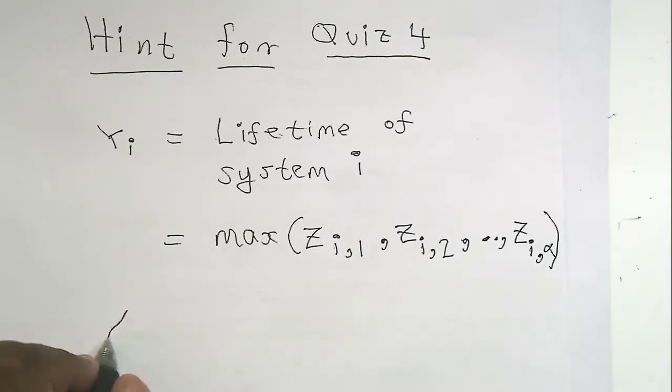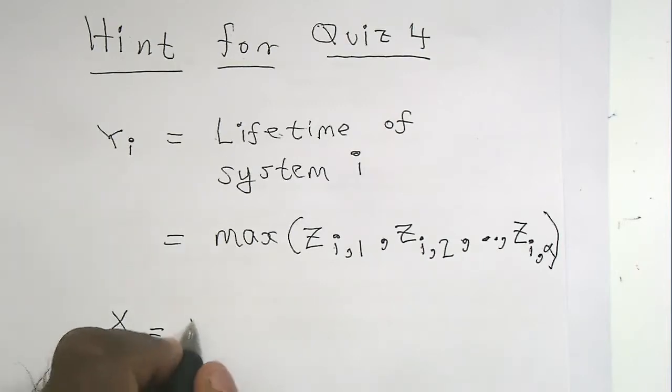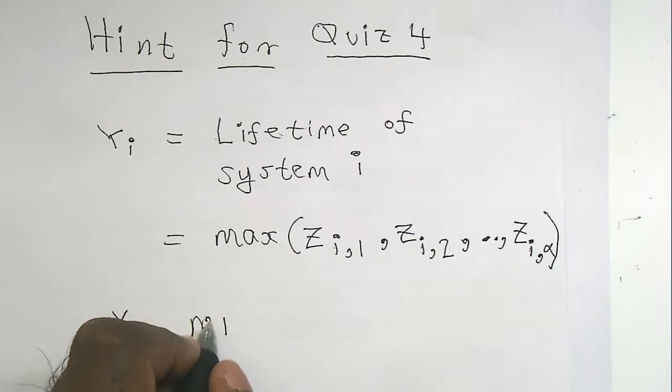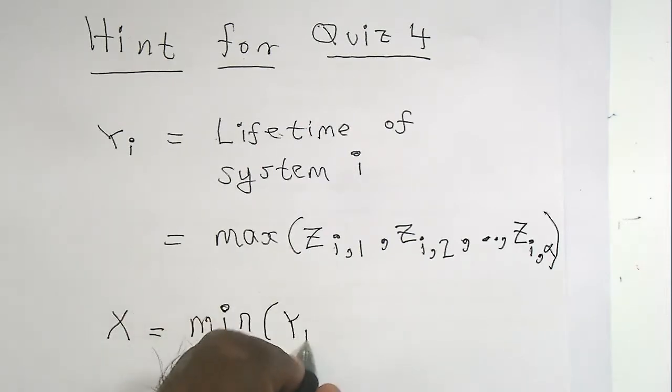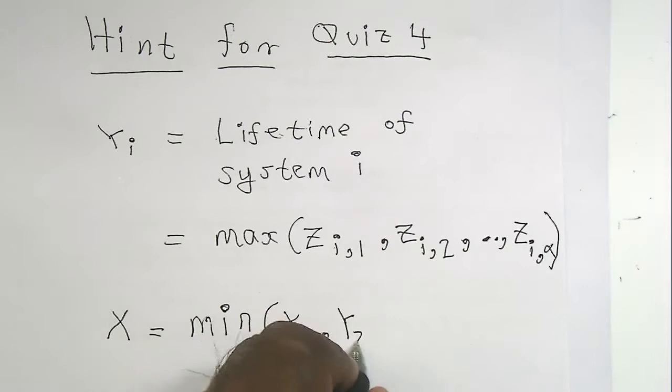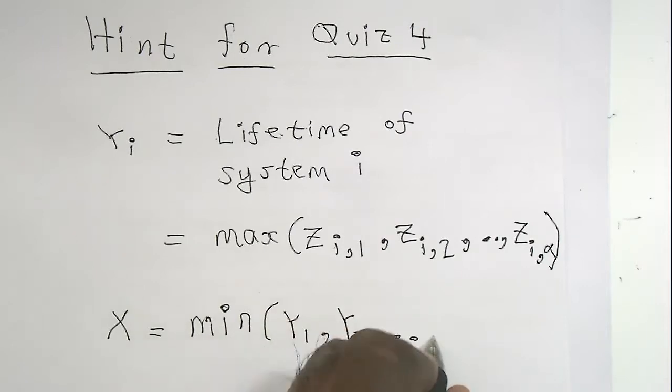Now, if you read the last line here, X denotes the time to failure of the first out of the n functioning systems. In other words, X is equal to the minimum of Y1, Y2 to Yn.